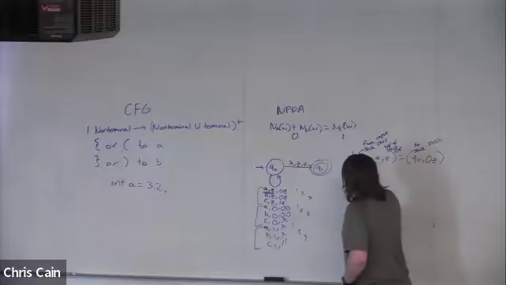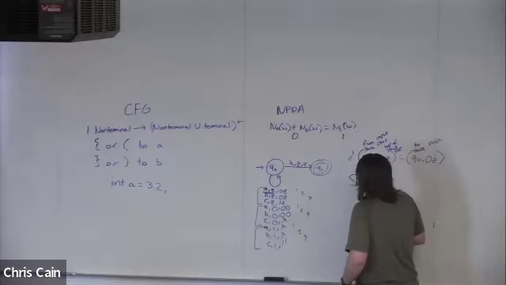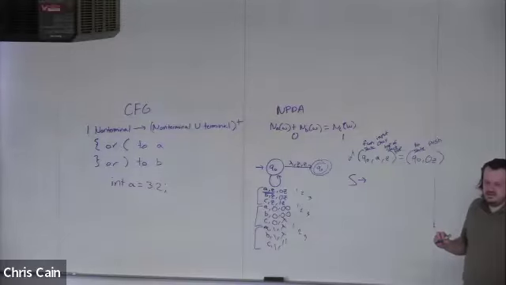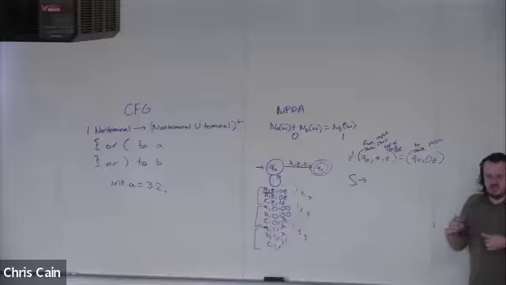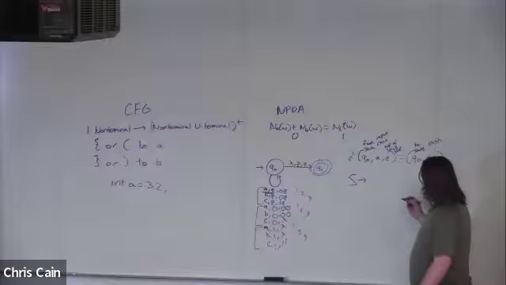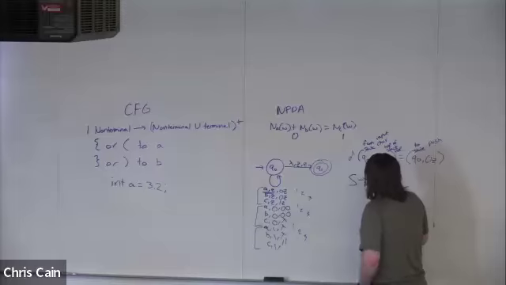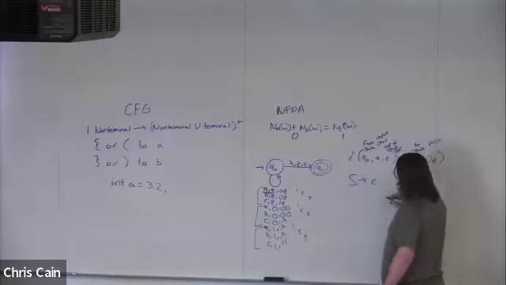So if we're doing that, we're either seeing an A and a B with a C, or a C with an A and a B. So I just really need to come up with all of the possible combinations for which that could happen. So if I see the terminal C, then follow it up with an A and a B in some respect.